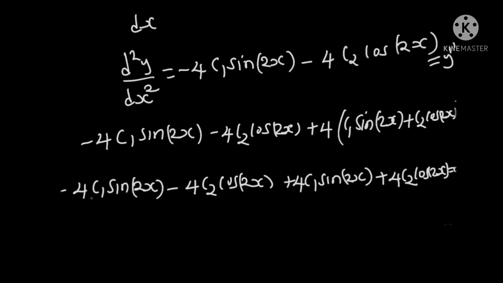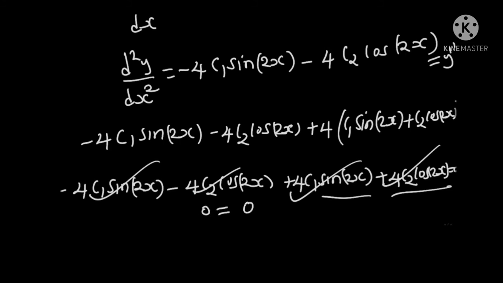Minus 4 c1 sine 2x will cancel with plus 4 c1 sine 2x, and minus 4 c2 cos 2x and plus 4 c2 cos 2x will cancel, therefore giving us 0 equals 0.